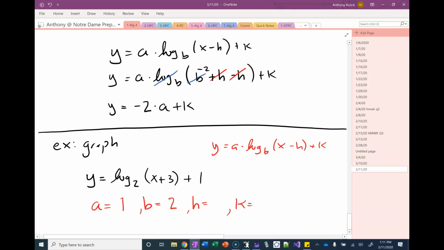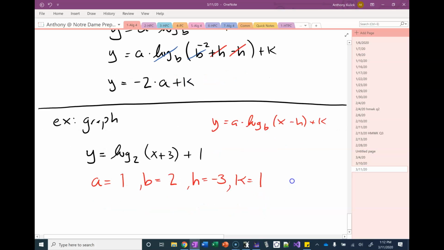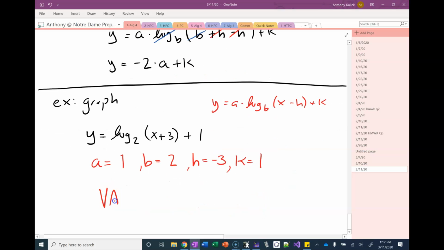What's the value for h? Negative 3. And the value for k is 1. Okay. So what's my vertical asymptote going to be in this situation? It's going to be x equals h, which is negative 3.